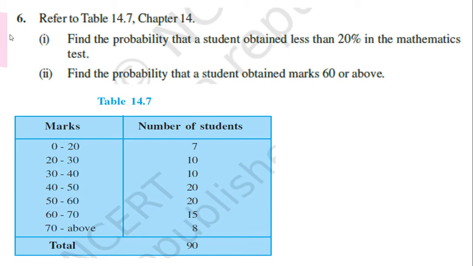Then see, it says that on Table 14.7 we have to find the probability that a student obtains less than 20 percent of marks in mathematics. One more question is asked, but let me solve the first question first. Here, this is Table 14.7. Actually, I have cropped this table from that page.